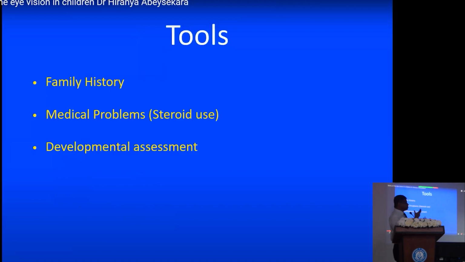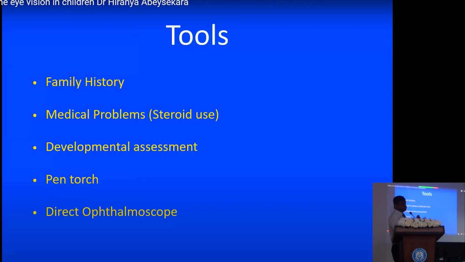You are supposed to ask a few things in the family history, particularly if there are vision threatening problems in the family, early childhood eye problems in the family, particularly steroid use, and a few questions on visual milestones. All you need is a good quality pen torch, and your skills in the direct ophthalmoscope.